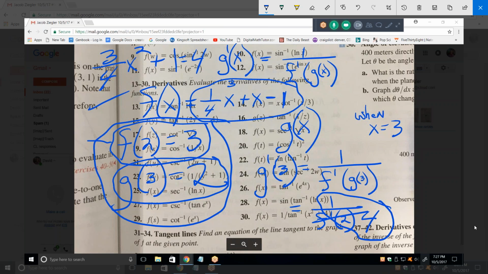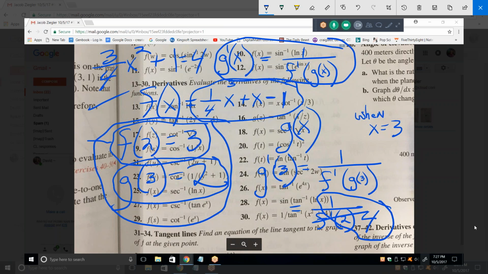I don't need to. That's the beauty of this. That's the magic of this. I don't need to figure out what the inverse function is. Not as long as I have this formula. And not as long as I can figure out where the original function is equal to 3. And I can do that.